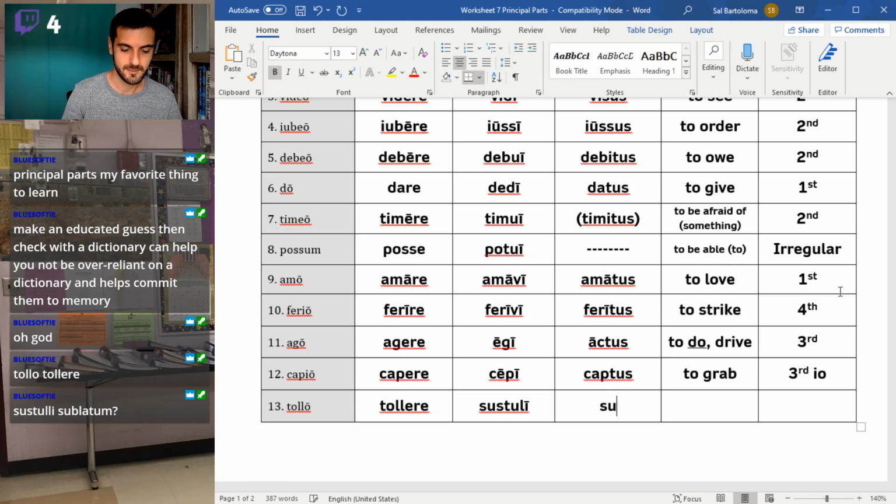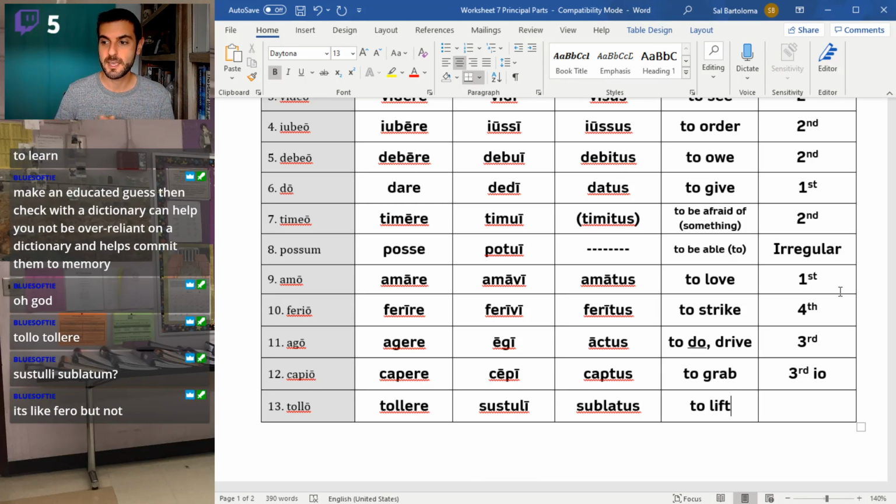Sustuli and sublatus. And that verb means to lift. Right? So look at those principal parts. Tollo, tollere, sustuli, sublatus. It's kind of a funky verb. Sometimes the principal parts really are like tuli and latus, right, from fero. So it's kind of a mixed verb.